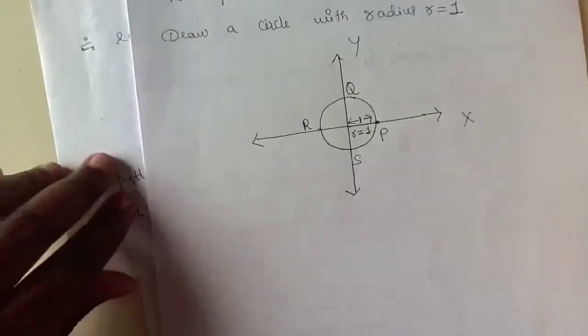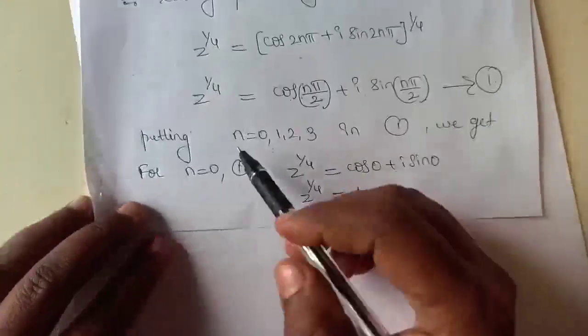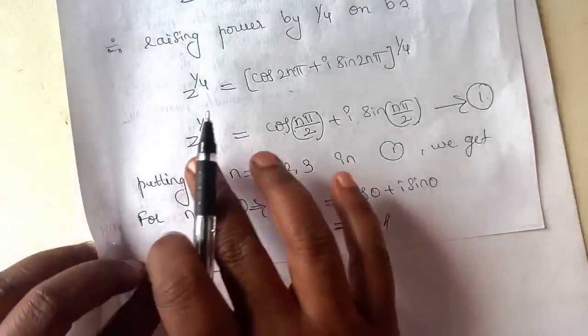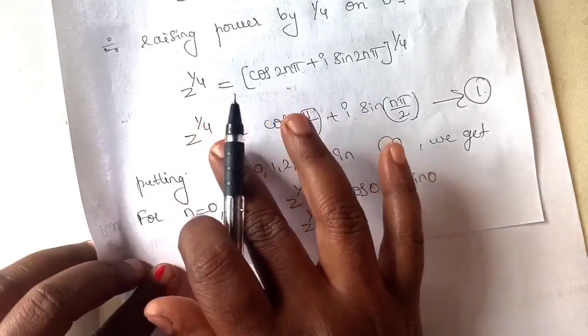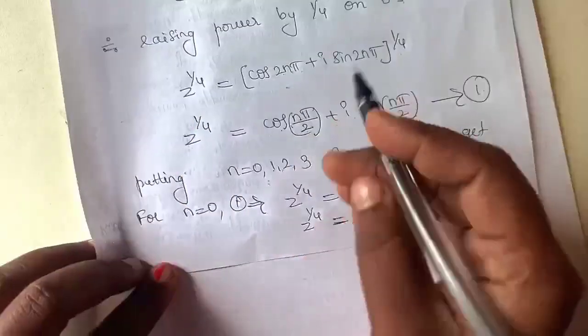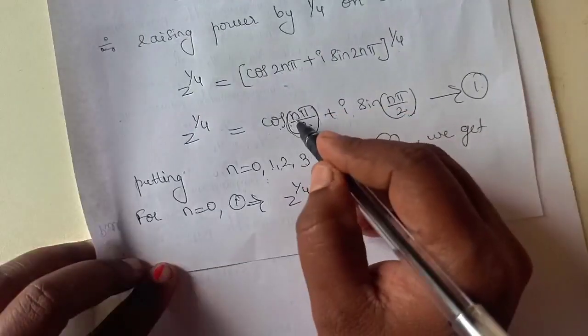Now next we substitute n equals 0, 1, 2, 3 in the argument of z power 1 by 4, that is in this argument n pi by 2.